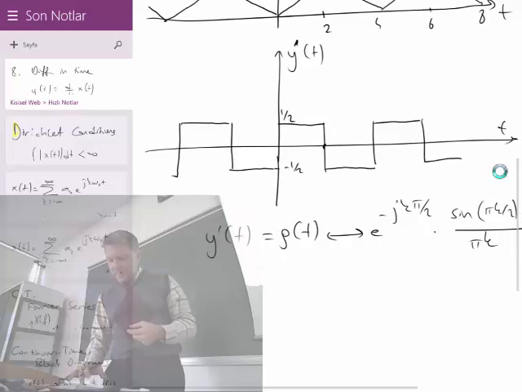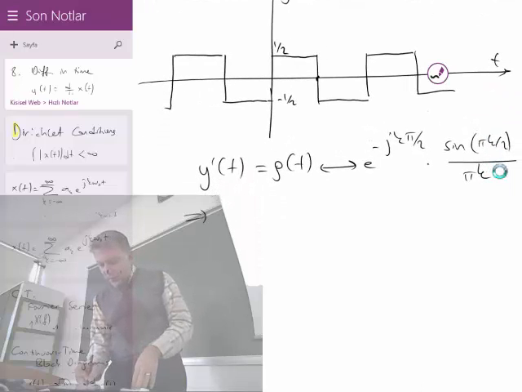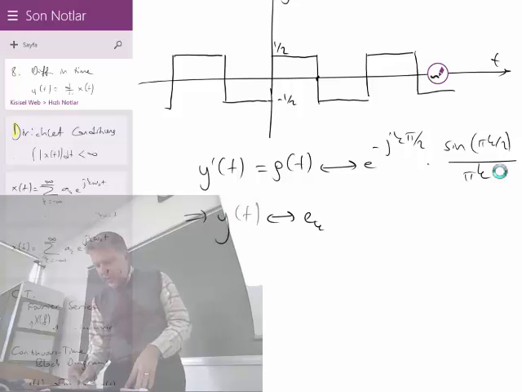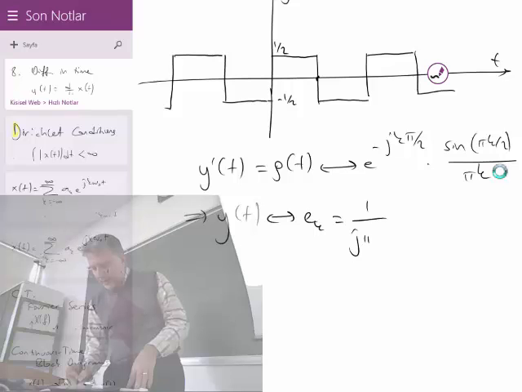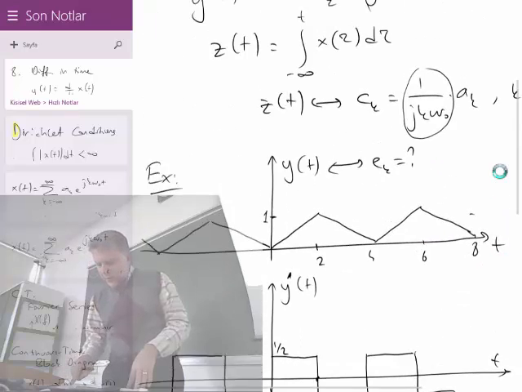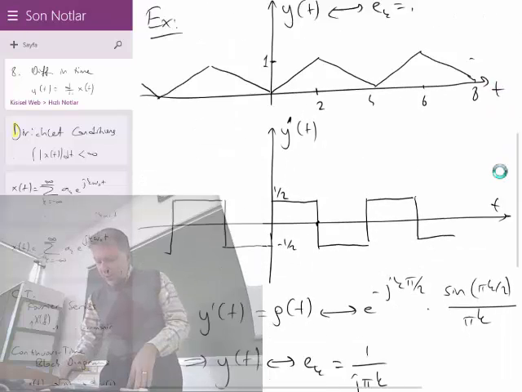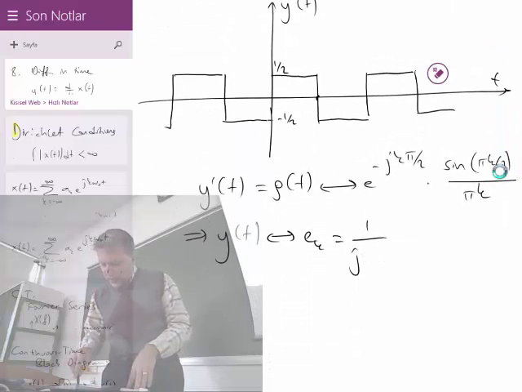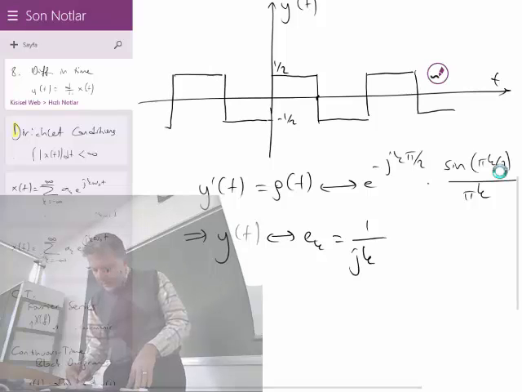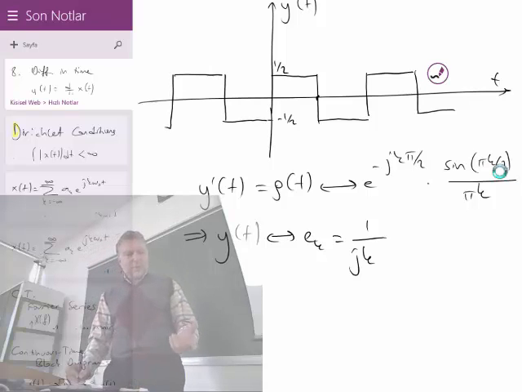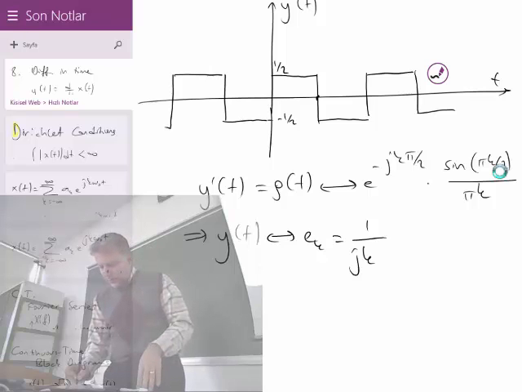Quite simply, we say that y of t has Fourier series coefficients e_k, which are equal to 1 over j k omega 0. What is omega 0 here? Omega 0 is pi over 2.